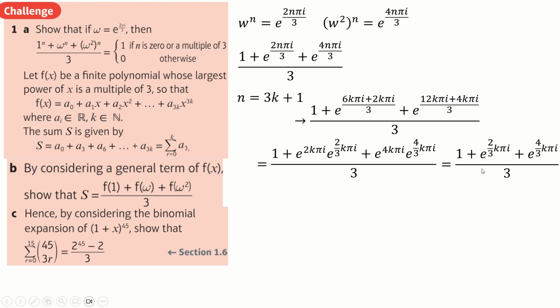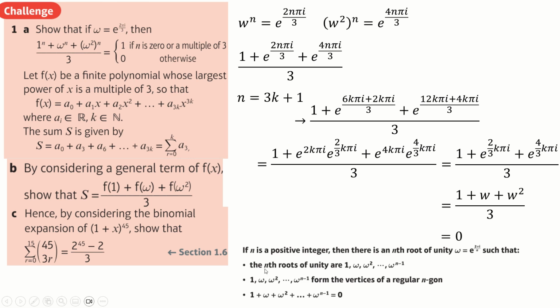And this is where we have to reach for something that we saw earlier in the chapter. Notice how omega is a root of unity. It's e to the 2/3 pi i. That means if you cubed it, you just get e to the 2 pi i, which is 1. And so therefore, omega is a root of unity. There's a really nice little fact about those things in the book here, which is, so we've only got 3 of them, right?